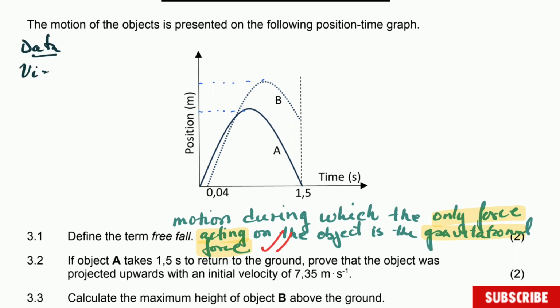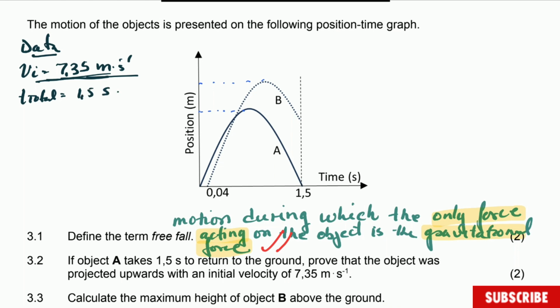Initial velocity is going to be proven to be 7,35 meters per second. This one is to be proven, so we cannot use that data. The total time is equal to 1,5 seconds.